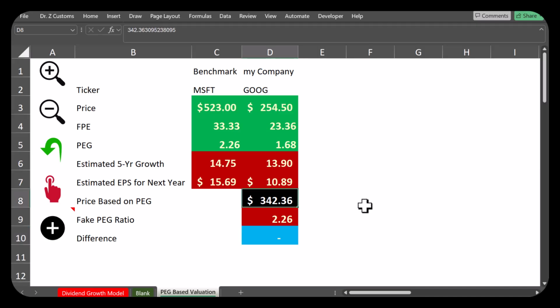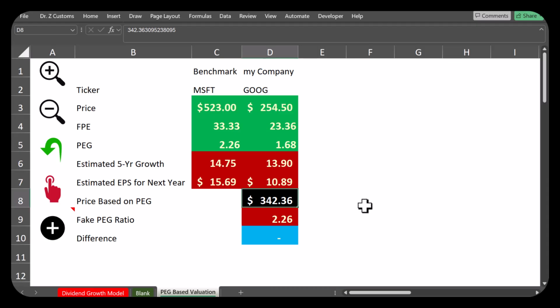This says the only way I can get a PEG ratio of 2.26 for Google, which is the PEG ratio of my benchmark company, is to make the price of Google 342. Well, the price of Google right now is 254.